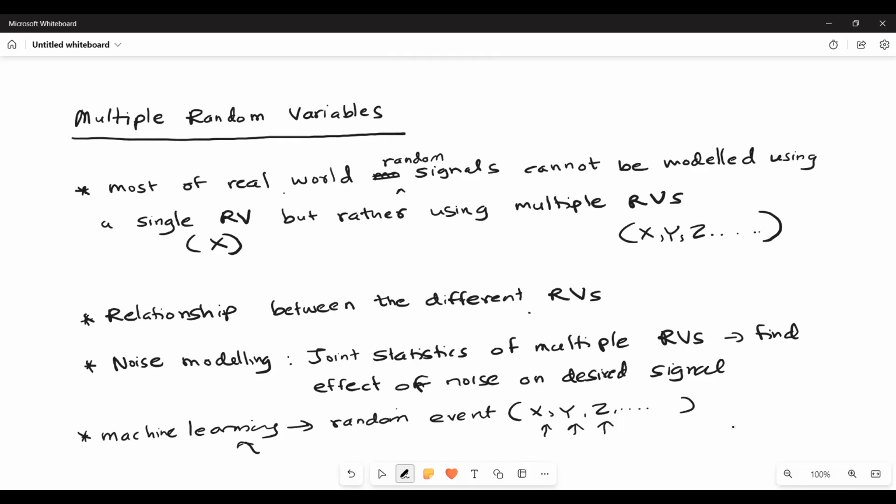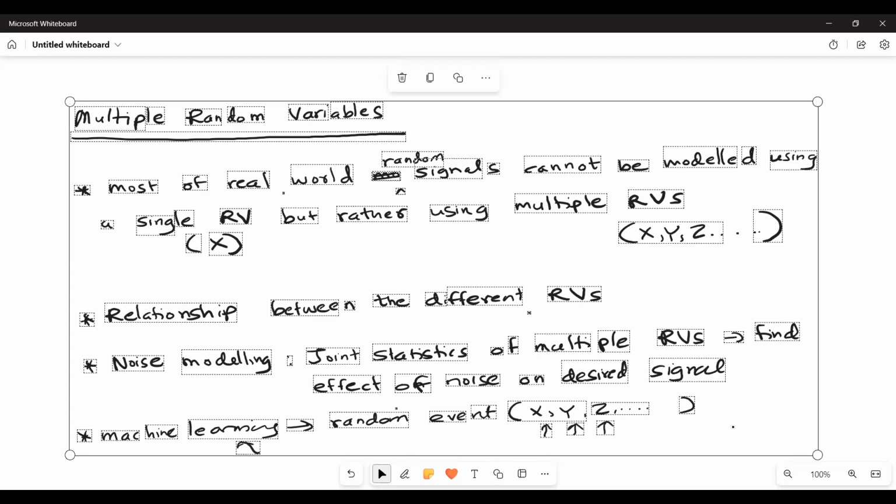If I take a situation where I want to predict some kind of random event occurring in the future, I need to know the probability of that random event occurring with respect to the different random variables. I will try to draw this.